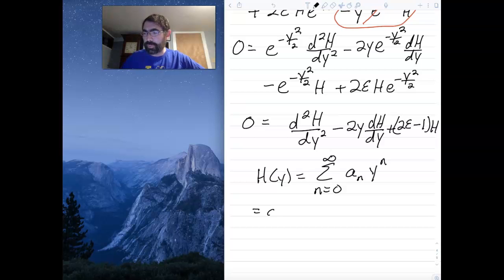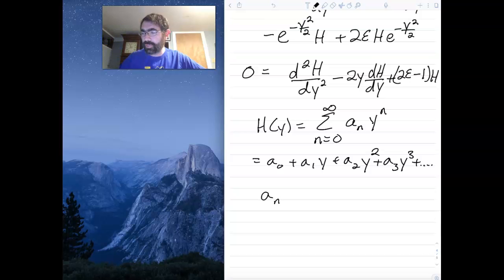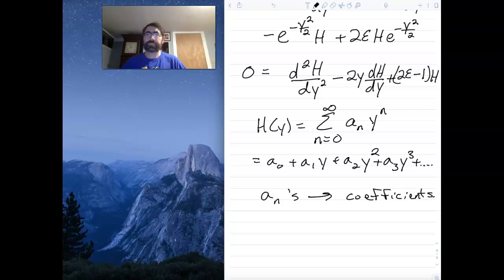So in the end, this is going to be a0 plus a1 y plus a2 y squared plus a3 y cubed plus dot dot dot, where all of these a's are coefficients. So in the end, they're just numbers. Okay. So we have to figure out what these coefficients are, and we have to find the shape of the polynomial. So we're going to do that.